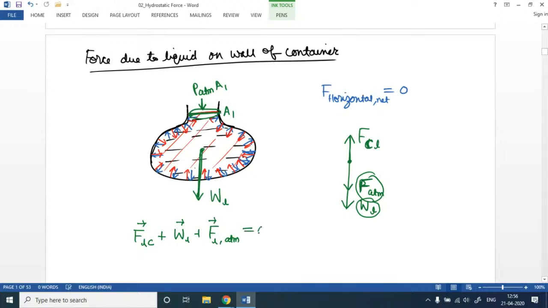The vector sum of all these is going to be equal to 0. And just by looking at this equation using the direction of arrows also, this very simply can be treated as force exerted by the liquid on the container. Magnitude wise, it will be simply weight of liquid plus force exerted by the atmosphere.